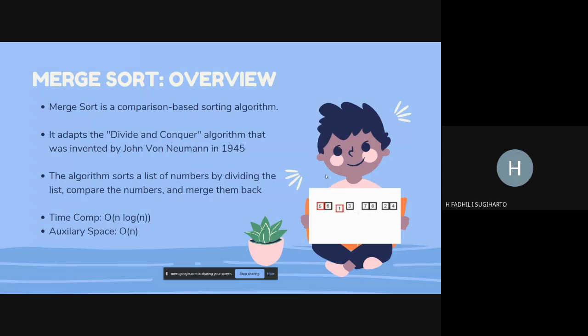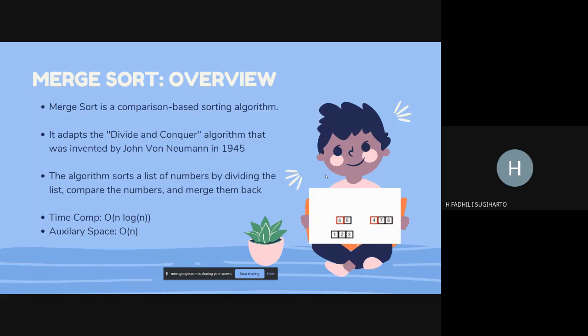So, the basic overview of merge sort. Merge sort is an efficient, general purpose, comparison-based sorting algorithm. It adapts the divide and conquer approach that was invented by John von Neumann in 1945. Then the detailed description and analysis of bottom-up merge sort appeared in a report by Goldstein and von Neumann later in 1948.